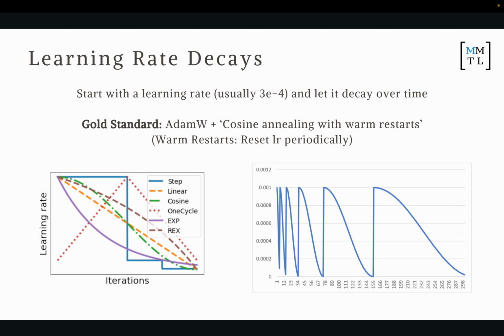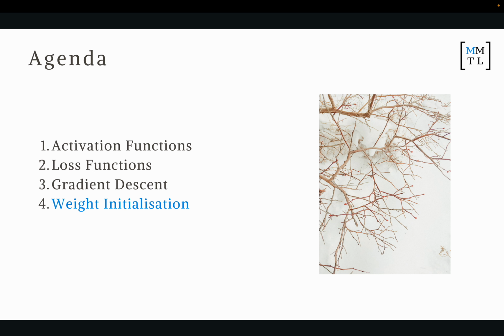Again, it's not something you ever need to mathematically work out yourself. It's literally just one line in code, but it's worth being aware that that function exists, and you can use it, and for some reason it will make your AI models better, okay? Sort of unusual. All right, so that's gradient descent. The three keywords there are momentum, RMS prop, Adam W, so AdamW is the gold standard, and then cosine annealing with warm restarts.